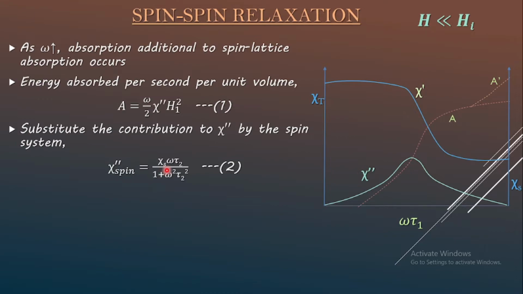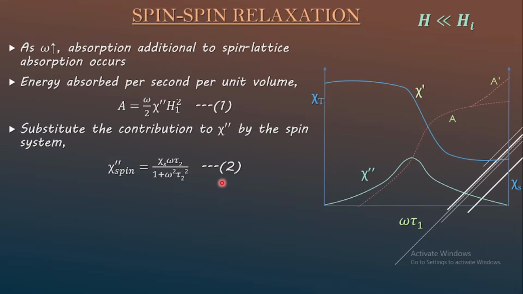So tau 1, the spin lattice relaxation time, is replaced by tau 2, the spin-spin relaxation time, and chi t minus chi s, the additional susceptibility associated with spin lattice interaction, is replaced by chi s, the susceptibility appropriate to only the spin system. So this represents the imaginary part chi double prime of spin-spin relaxation, equation number 2.